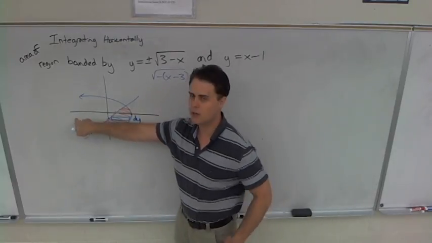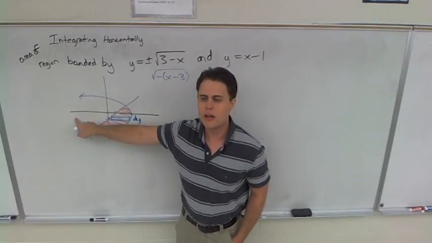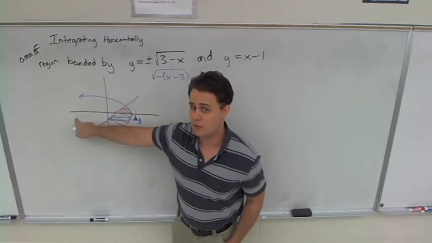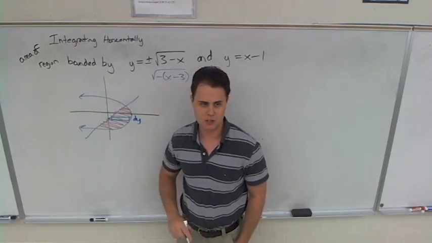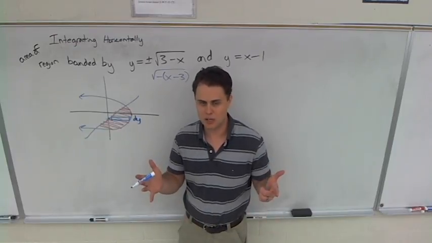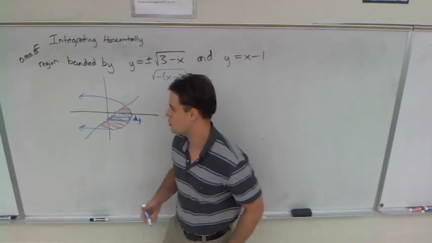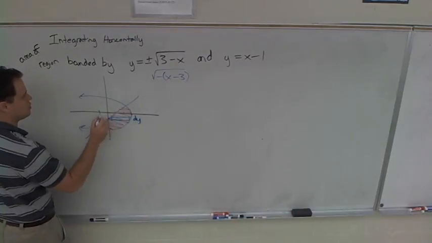If you're over here and you're between -7 and -3, do you go -3 minus -7, or do you go -7 minus -3? Think about which way that goes. The distance between -7 and -3 is obviously 4, right? But which way does it go? Let me be a little more precise. I see some eyes.